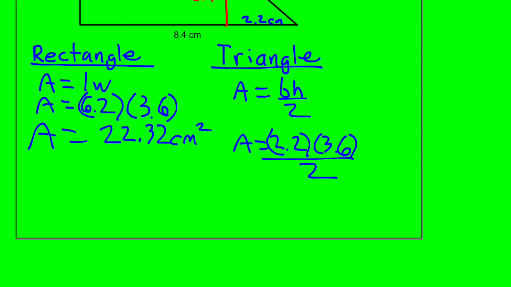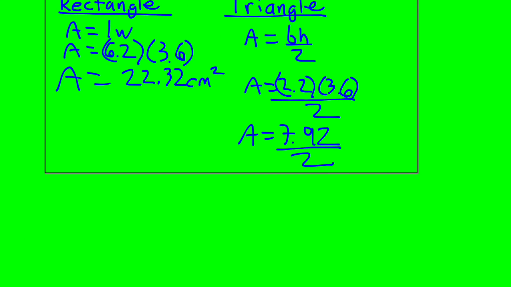I'm going to use a little technology for this. 2.2 times 3.6 gives area equals 7.92, but that's still divided by 2, right? So when I work that out, I get 3.96 centimeters squared.